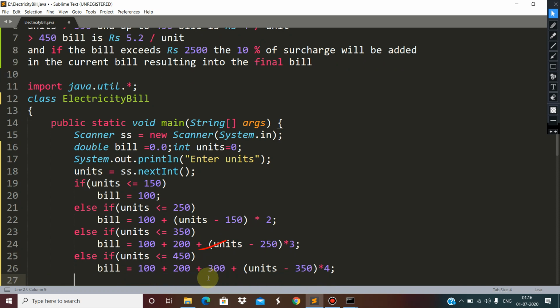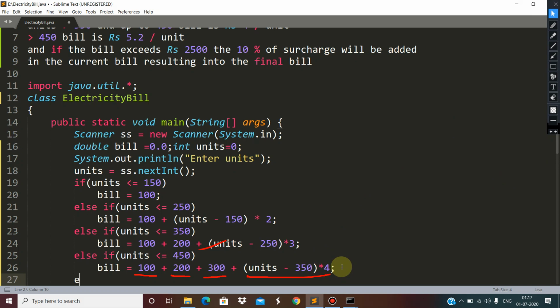I am just going to tell you again that this is for 150 units, this is from 151 to 250, this amount is for 251 to 350, and this is for the remaining. So this is how we have calculated.